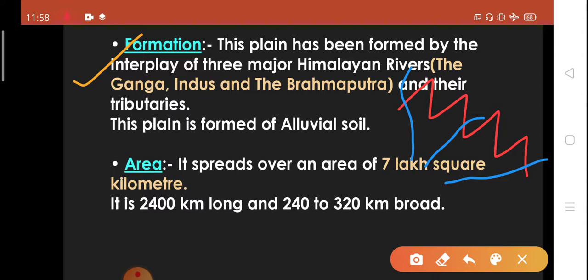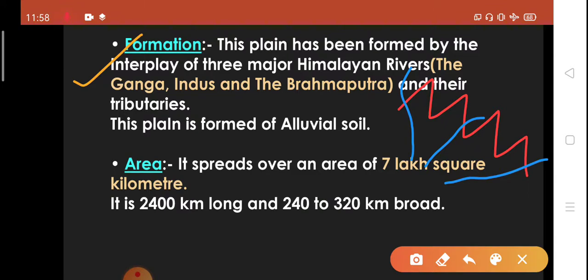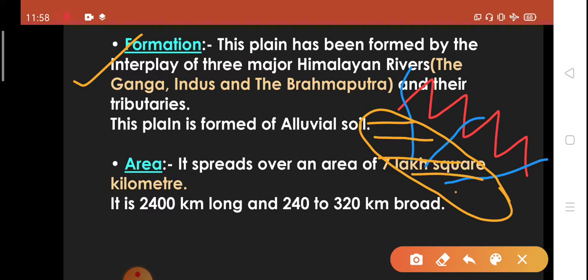Now these Himalayan rivers not only carry water with them, but they also carry some sediments, fine particles like sand, silt, and clay, and they then deposit them in this part which I am marking with yellow. When all the sediments get deposited in the yellow shaded region, this yellow shaded region becomes the northern plains.